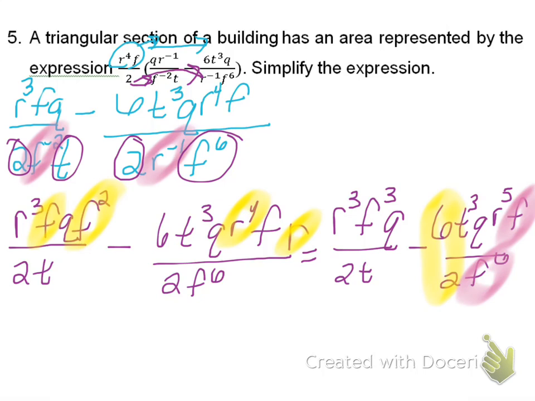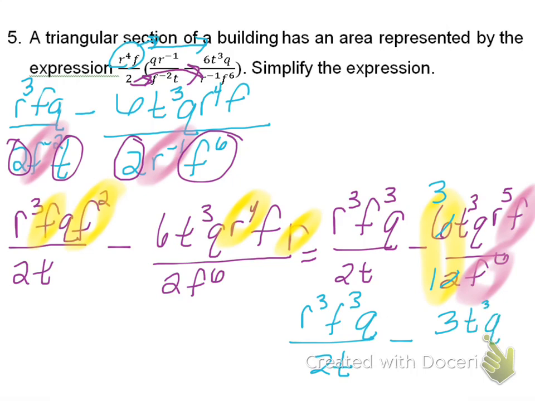So we're going to rewrite the first term here, r cubed, f cubed, q, over 2t. And then our second term is going to be minus 6 divided by 2 is 3, so that's going to leave a 3 on the top and just a 1 on the bottom. And then the t cubed is staying the same, the q and the r to the 5th.